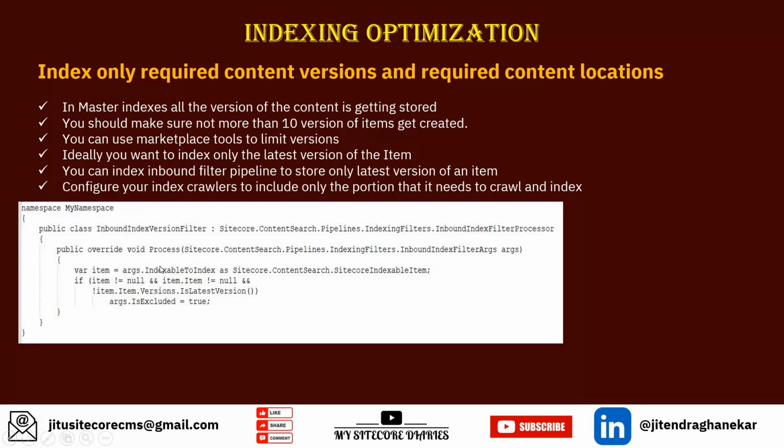Here we are checking only the latest version. If it is the latest version, then only we take that into consideration. That way you can do it. I'm not giving it in detail, just a hint that this is how you can do it. You can customize your inbound index version filter and only index the latest version of your item.